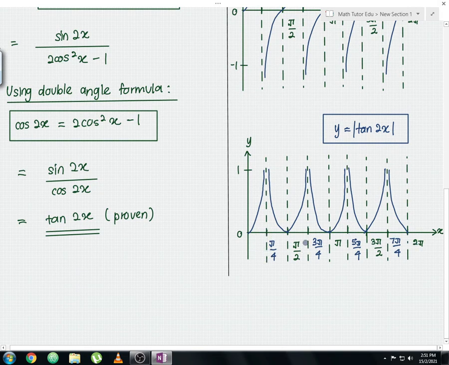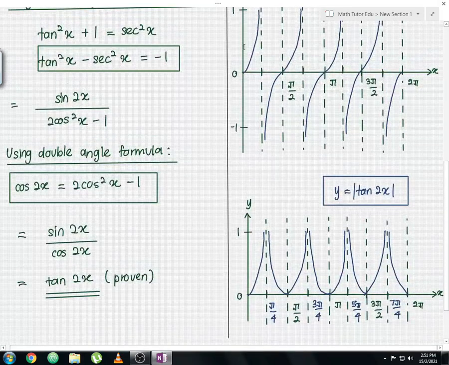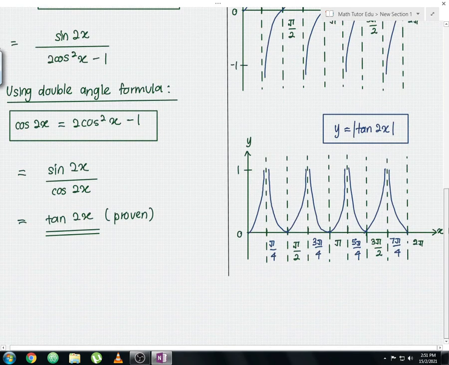Students might get confused, so I write all the respective values here: pi over 4, pi over 2, 3 pi over 4, pi, 5 pi over 4, 3 pi over 2, 7 pi over 4, and lastly 2 pi.